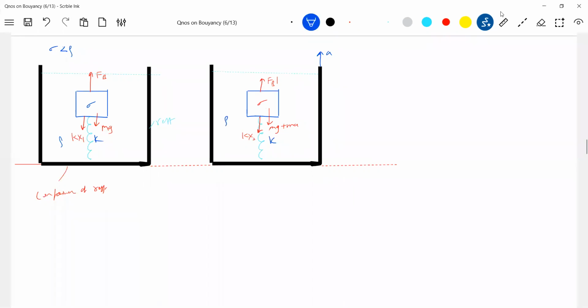Let's see how we can write equations, nothing big. The body is fully submerged. Container at rest, container accelerates up.